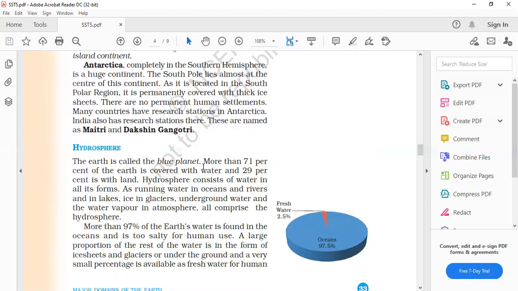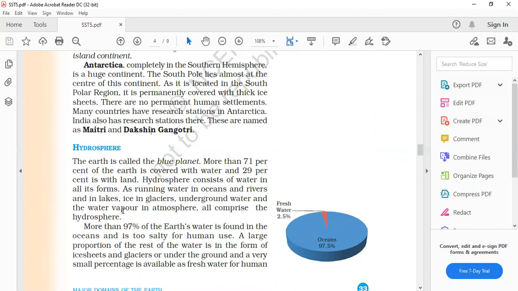So this is the same answer, that is more than 71% of the earth is covered with water and 29% is land. Hydrosphere consists of water in all its forms as running water in the ocean and rivers. So these comprise the hydrosphere.